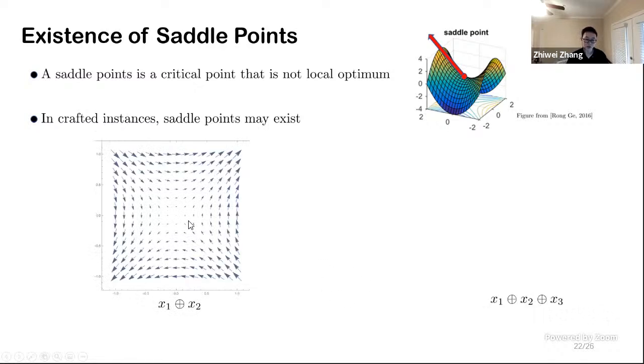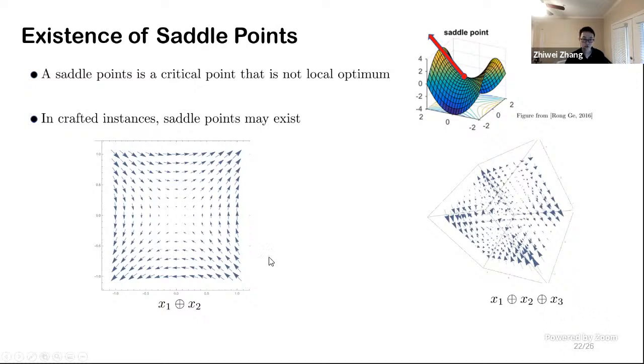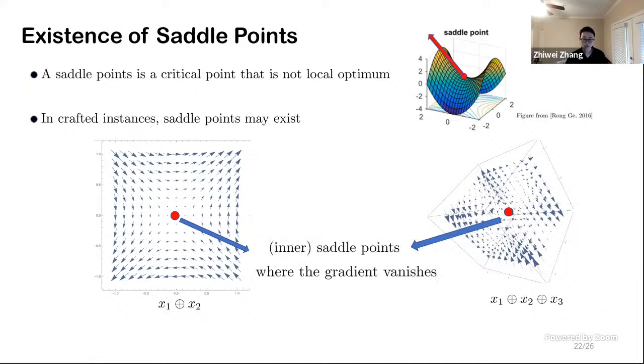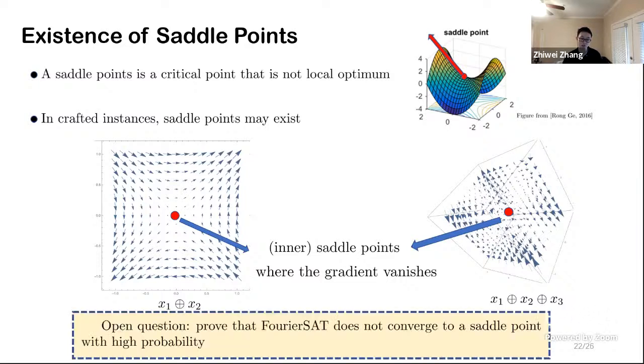For example, those are the gradient plots for XOR constraints. You can see that just at the middle of the Boolean box, a saddle point exists, where the gradient vanishes. But practically, we observed that our framework seldom converges to such saddle points. So an open question we raise here is to prove that our framework does not converge to a saddle point with high probability.